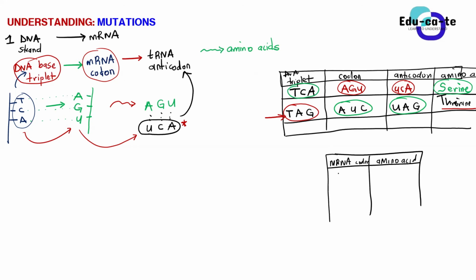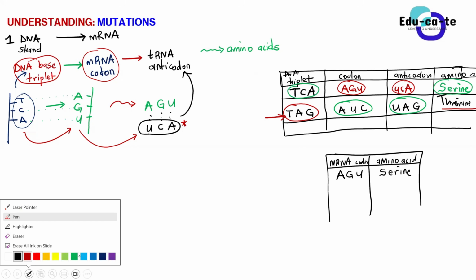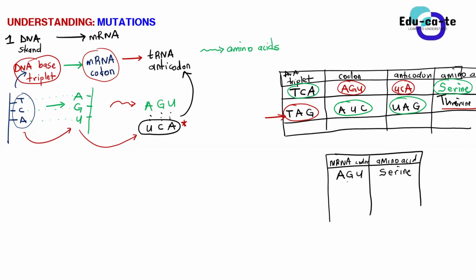For example, if they say the mRNA codon is AGU, then the name of the amino acid is serine. So it means that when you have this codon AGU, it will look for an anticodon on a tRNA molecule that will have serine as the amino acid.